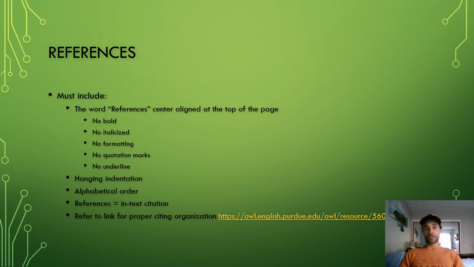Now, it is also important to note that anything that is referenced on the references page should also have a corresponding in-text citation. If it has an in-text citation, there should be a corresponding reference. So you cannot just add references because you read something and then think that it may have helped you in developing an idea, so you put it in your references.